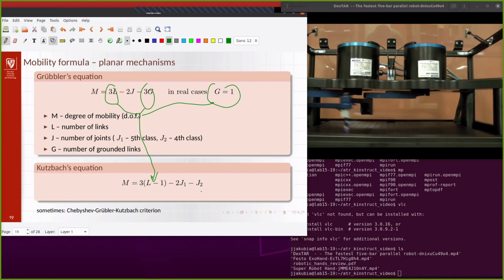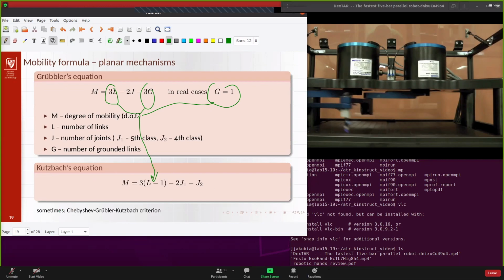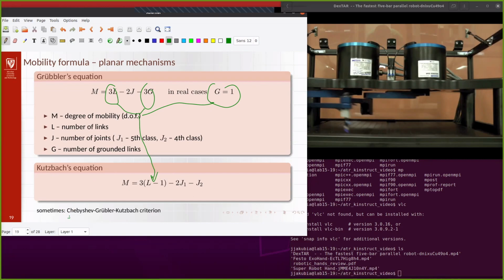Okay, we have this Kurzbach equation called like that. Sometimes when you go to literature, you will find a different name, the Chebyshev-Grubler-Kurzbach criterion. But it's a different name for the same equation.